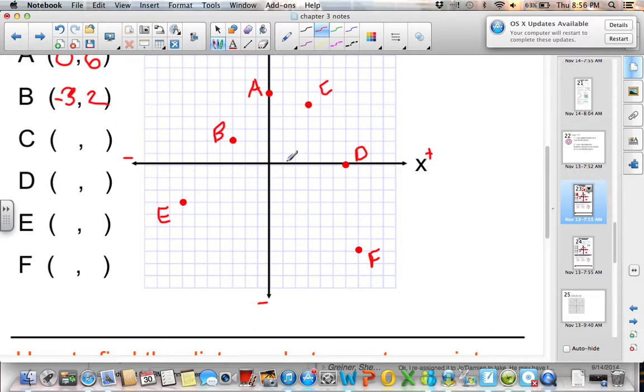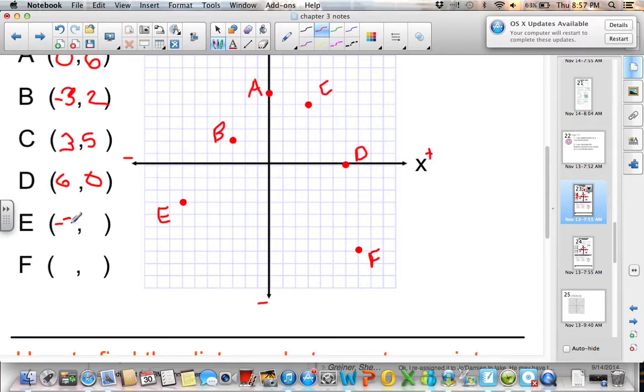Okay, C, we go 1, 2, 3 over, and then 1, 2, 3, 4, 5. So C is 3, 5. D is 1, 2, 3, 4, 5, 6, and up 0. So D is 6, 0. E is 1, 2, 3, 4, 5, 6, 7, and we go to the left, which is negative.